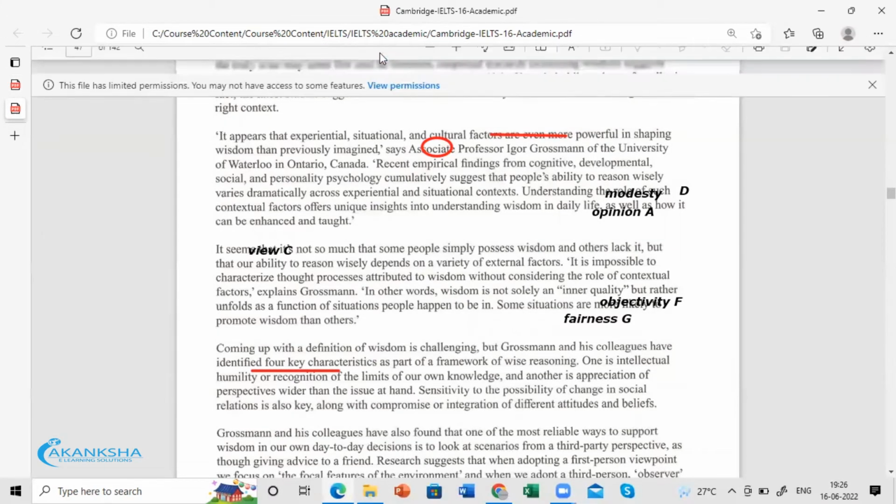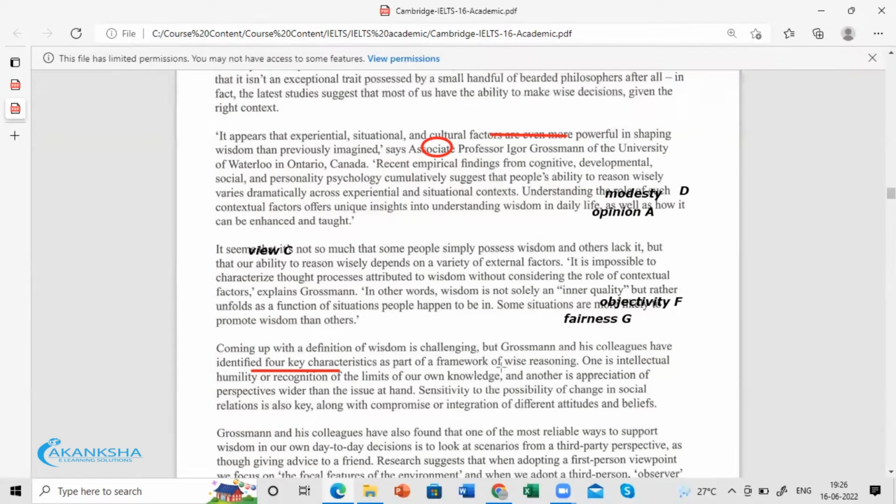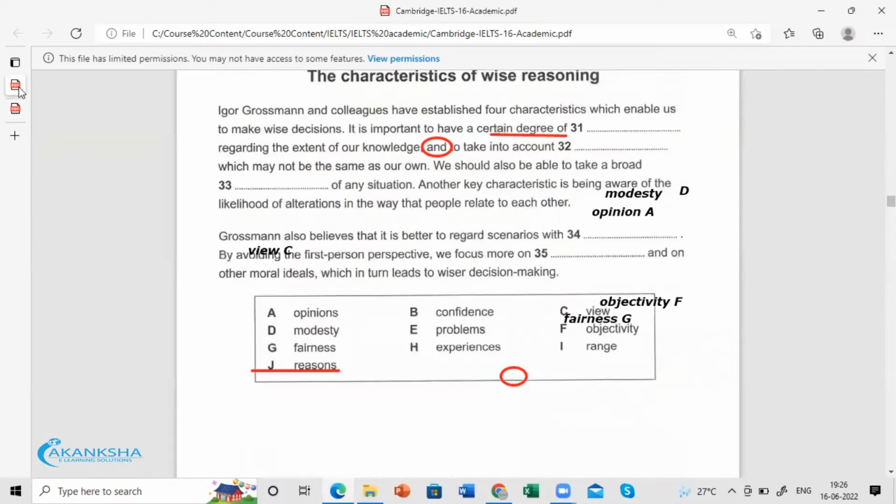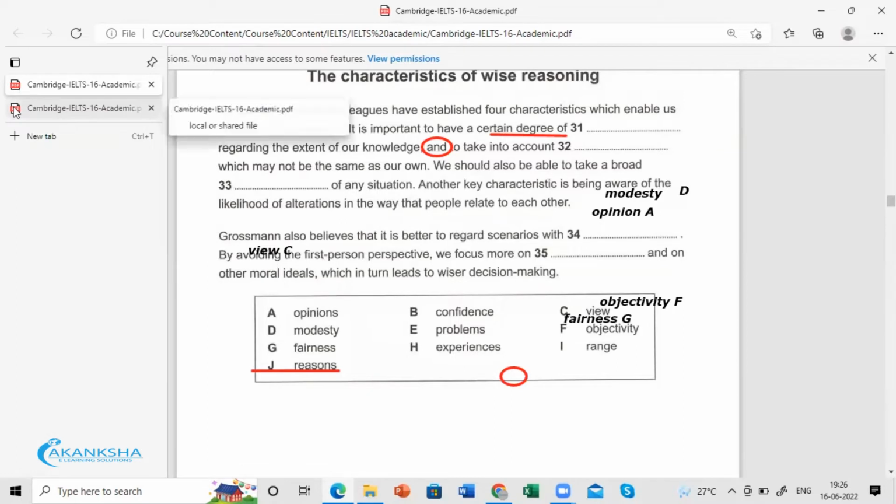I'll show you here. It's the word and. It's there here also. Can you see? Yes, sir. So here also there is and, and in the question also there is and. So this way you will have to combine or track the sentences one by one.